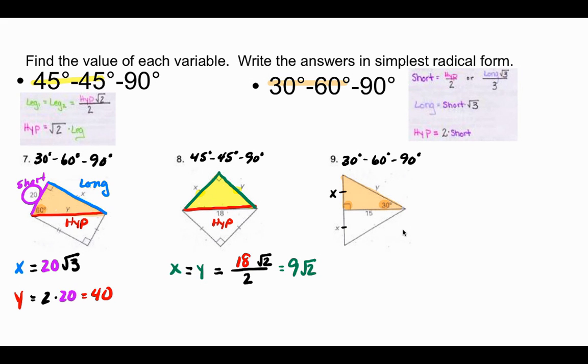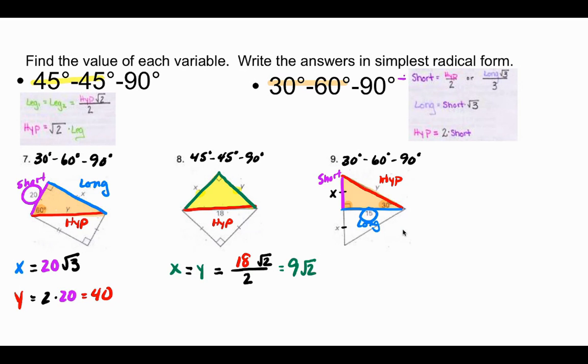In a 30, 60, 90, you have the hypotenuse. You have a short leg. And then you're going to have the long leg. In this particular one, we know the longer leg.